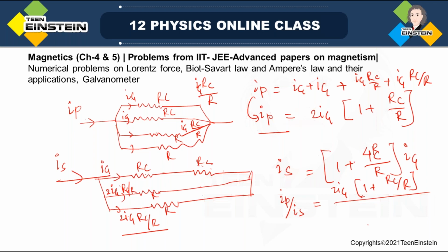Okay, anyway, now I'll write it here, IP by IS, right? So this is IP, this is IS. So IS is actually IG whole into 1 plus 4 RC by R. Okay, if we simplify it, we'll get some idea about it, isn't it?